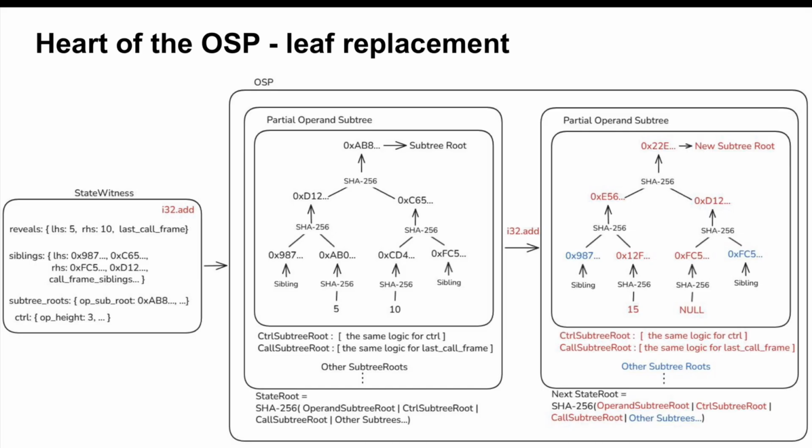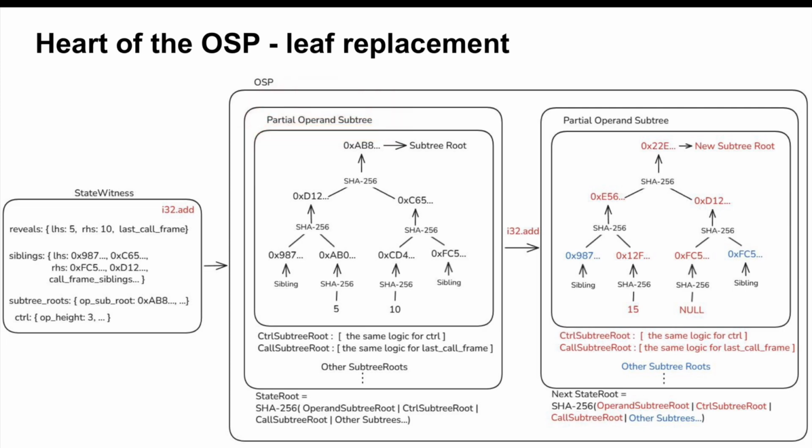So what we do, we generate the state witness from the state commitment, and when we provide it to the OSP, it rebuilds this tree, and it doesn't have to know the exact values of these variables here. It can just fetch from the sibling to generate the partial operand tree.